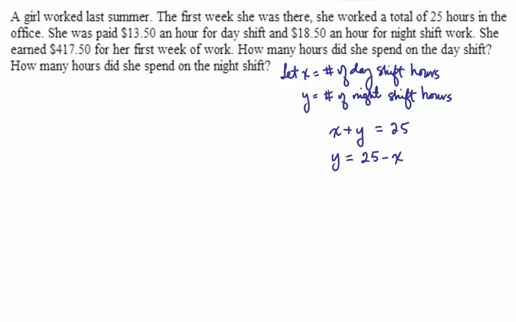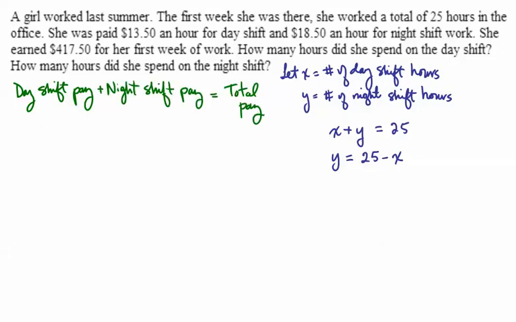Now, what do we know about the scenario? We know that her day shift pay plus the night shift pay is going to equal her total pay. So, how much is her day shift pay? Well, she gets $13.50 for each hour during the day.